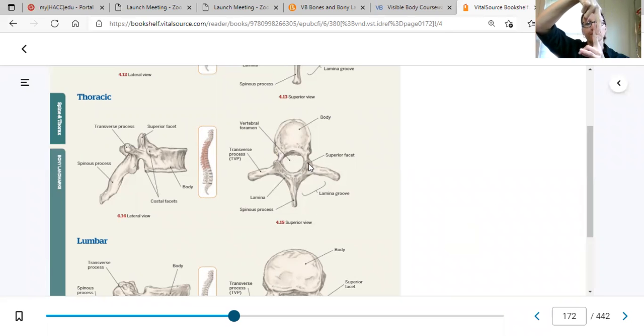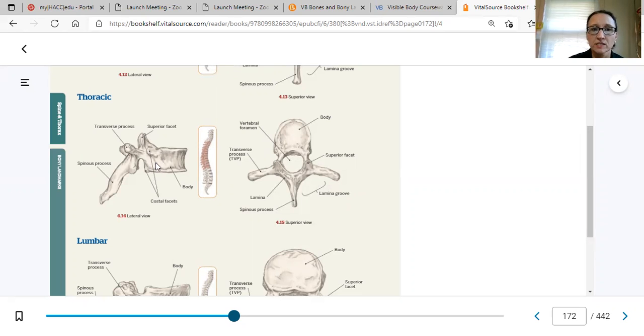They're going to fit together face to face like this, instead of like this in the cervical vertebrae. And this is because on this anterior surface right here, anterior to the transverse process, you're going to have ribs. So the ribs have to articulate here. So you can't have a facet there. You have to have them set back a little bit.